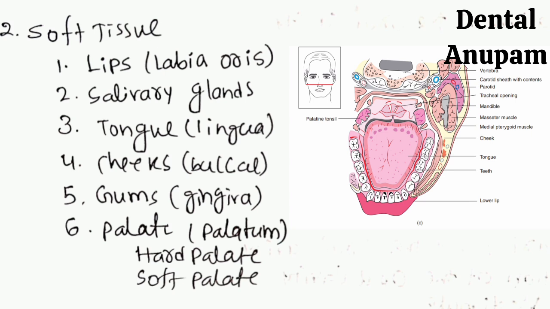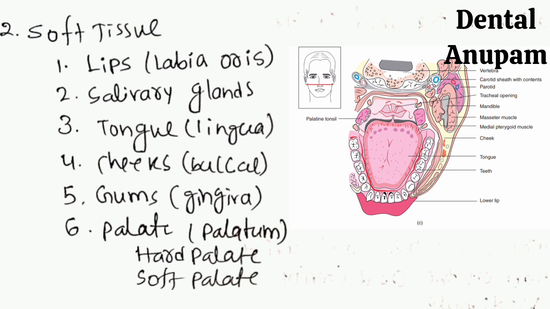Third is the tongue, lingua. The tongue is a special sensory organ situated in the floor of the mouth within the body of the mandible, containing very small papillae that hold the taste buds.